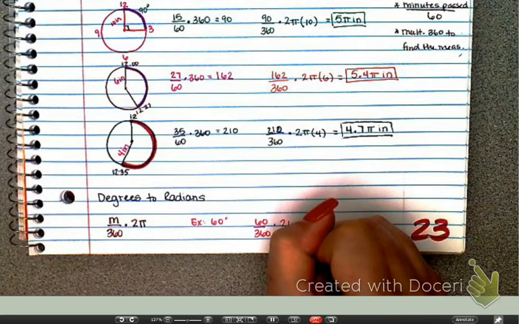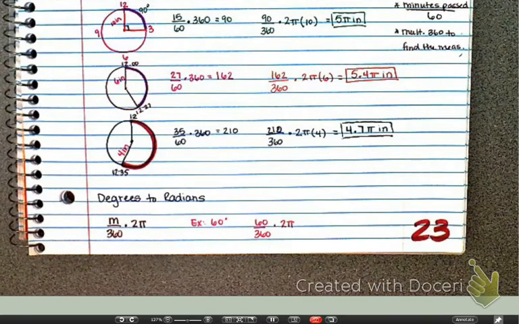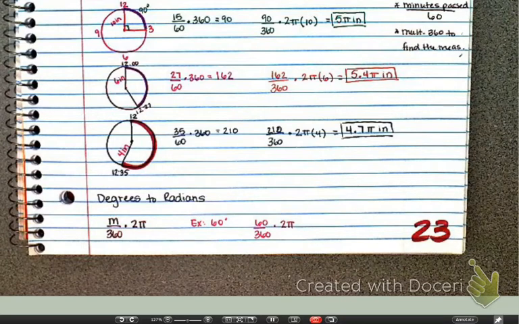And the formula for that is so similar to arc length. The only difference is we don't have to worry about a radius. We're just looking at the measure of the arc. So all we care about is the degree of the arc.